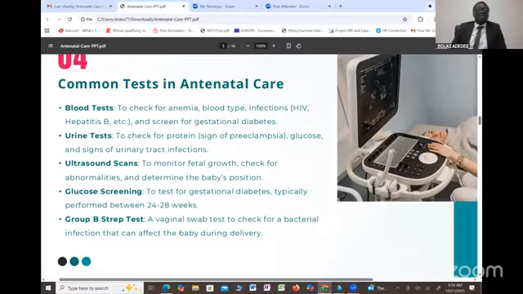So this anomaly scan is usually done around 18 to 22 weeks, and when there is history suggestive or suspicious of exposure to dangerous elements, we advise pregnant women to do this so as to reduce the possible complication that could come with it, or to detect if the baby has been affected, and such baby will be managed appropriately.